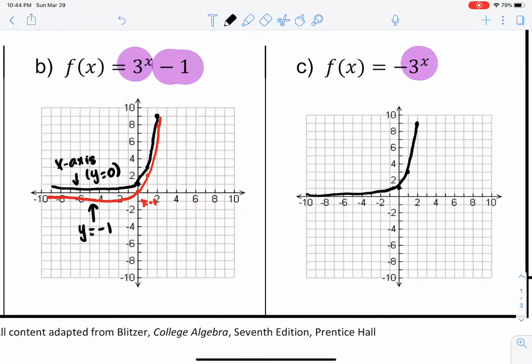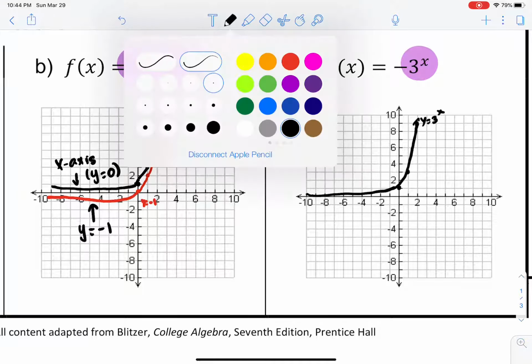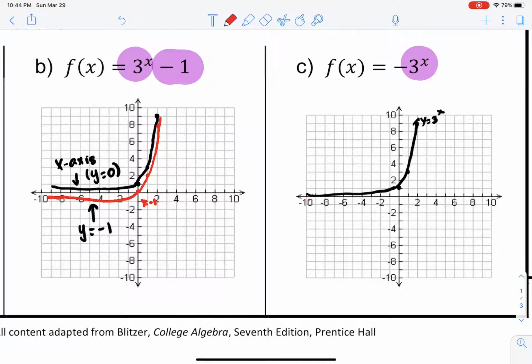That is the original function, y equals 3 raised to x. And the base function would simply flip because we're multiplying it by a negative. So it has to go through -1, -3, and -9.